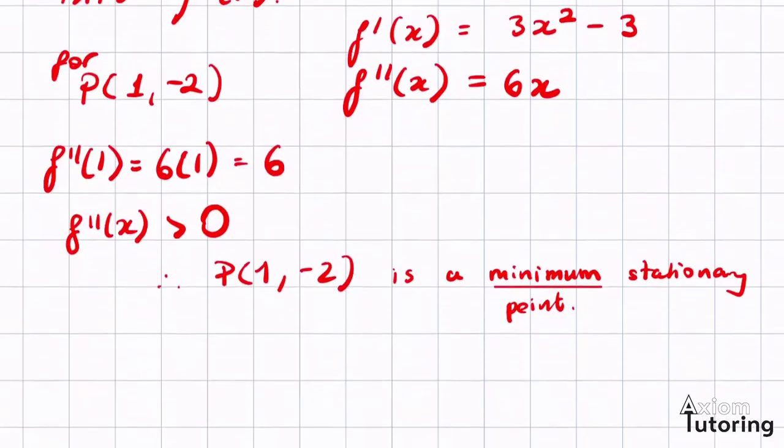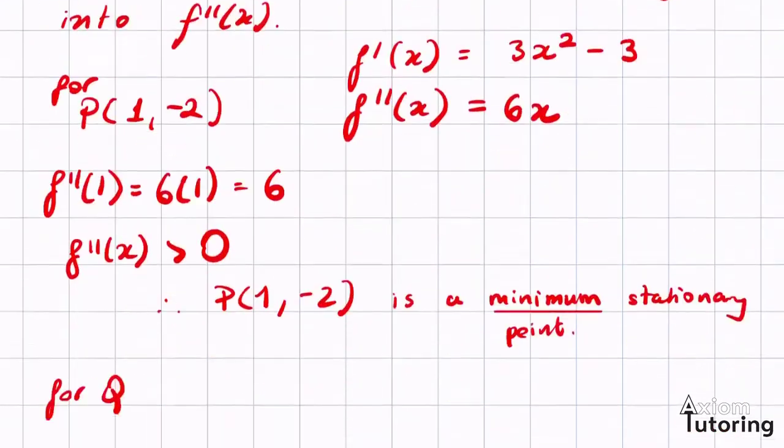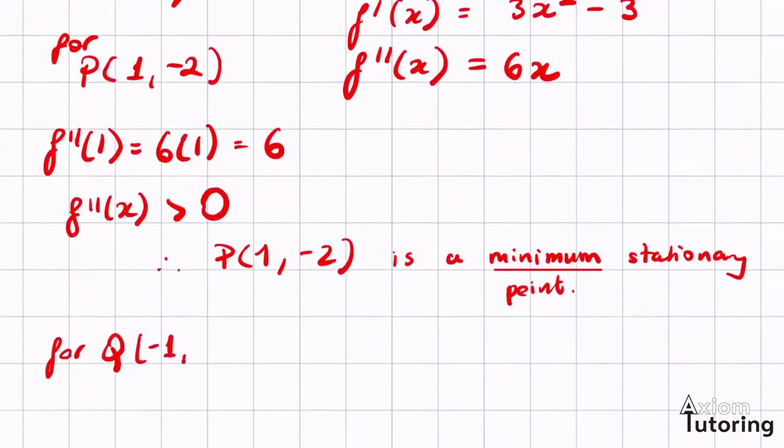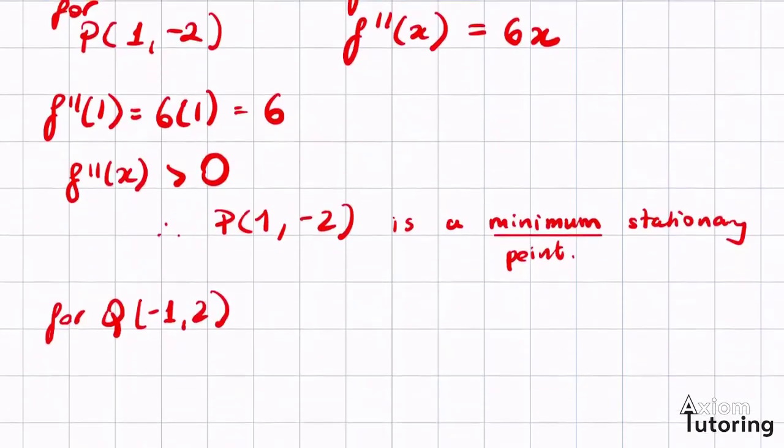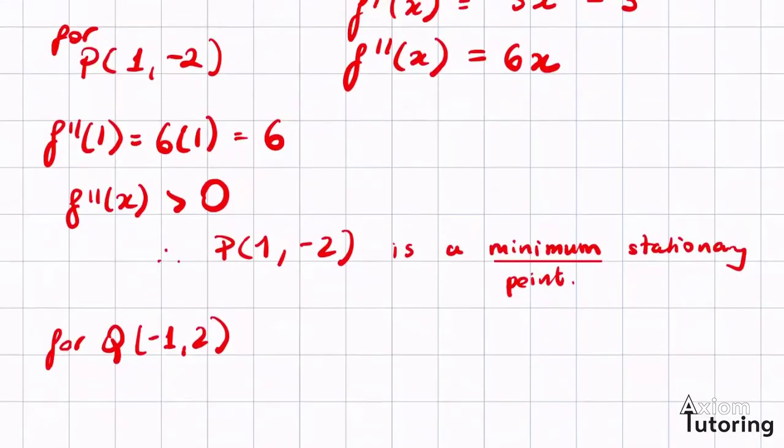So for the next point, point Q, we have (minus 1, 2). We want to substitute this into our double derivative function. So f double dash of minus 1 is equal to 6 times minus 1. That's minus 12.